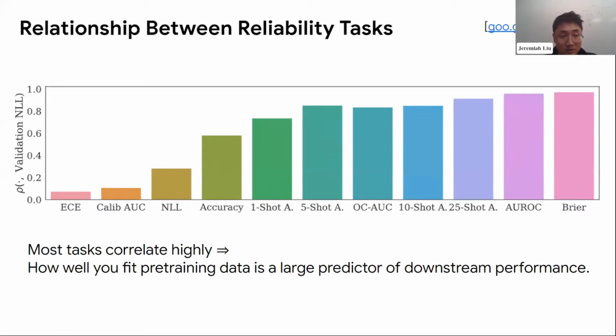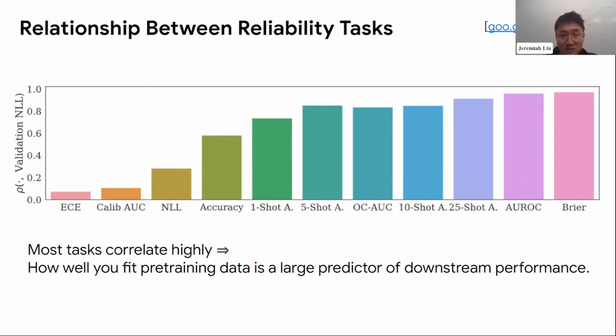In the plot you're seeing here, the x-axis shows different performance scores, and the y-axis is the correlation between the pre-training validation negative log likelihood and these downstream performances, measured across different tasks.